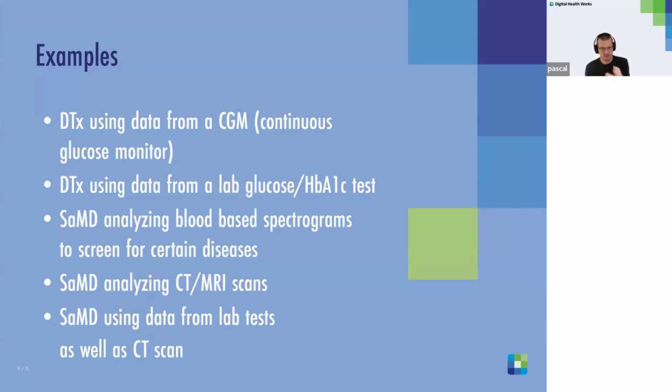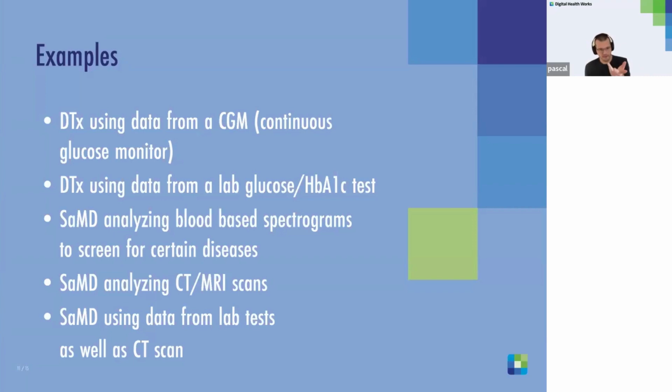So you have in vitro data because it's taken from the blood, which is a specimen outside of the human body, which was analyzed in the spectrograph. And then this data counts as in vitro data going into the software medical device. So the software medical device would fall under the IVDR in this case.